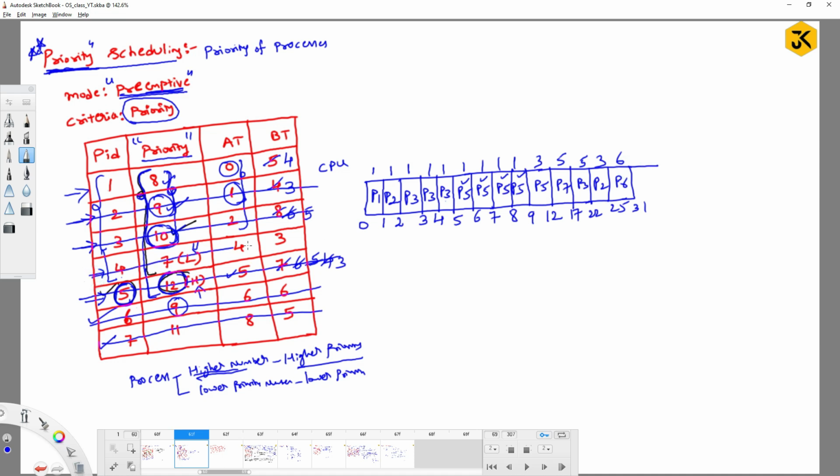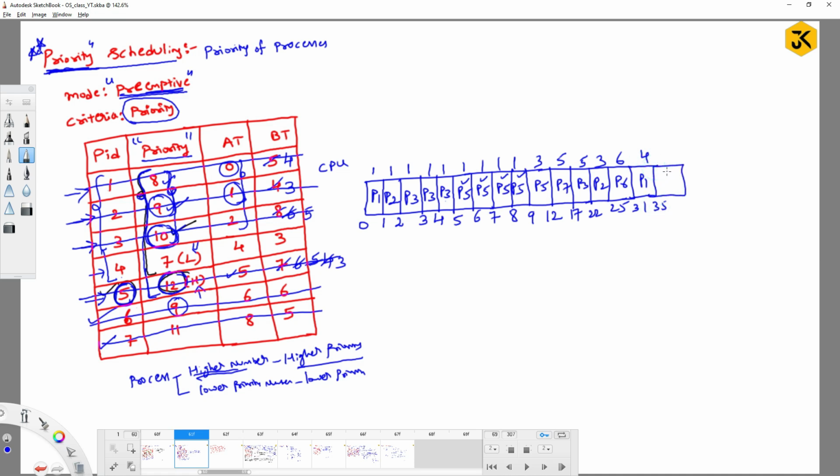Next, P4 would get the chance, but guys, here you have to check, not P4; the chance is given to P1, which will execute for 4 intervals, done by 35.